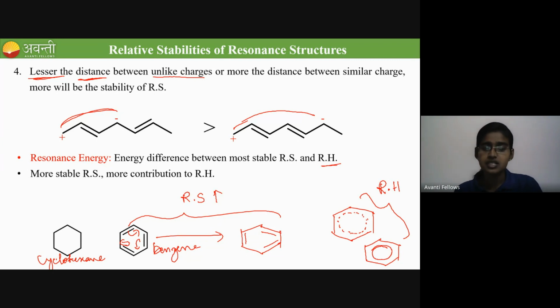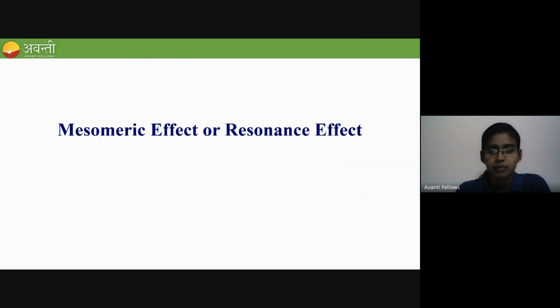If your resonance structure is more stable, then more contribution to the resonance hybrid happens. In the first case, there is no resonance structure itself. Then how can we talk about the stability of resonance structure? That is not possible, no? So you can see that benzene has the more contribution to the resonance hybrid.